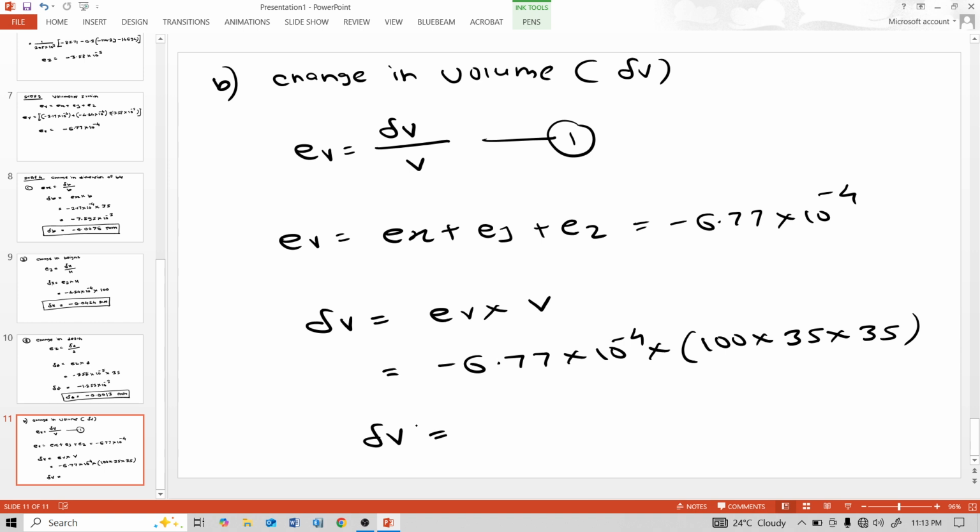Change in volume is minus 82.93 mm cube.